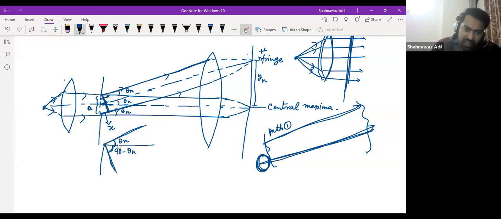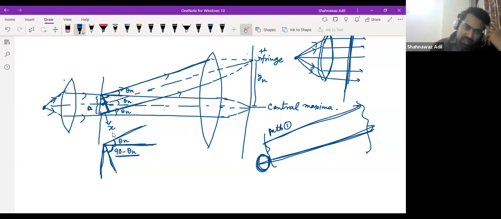Now you can see that this one and this one are perpendicular, right? So how much would this angle be? Total is 90, right? This is 90 minus theta n.